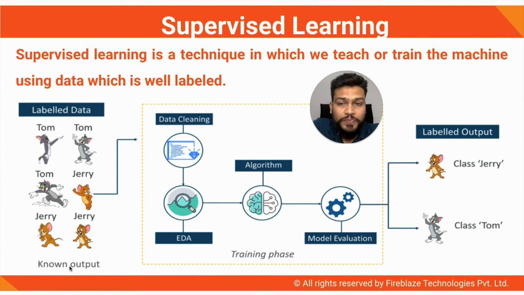You know the output. You give this data, you do the data cleaning, you do the EDA, you apply your machine learning model, your model is evaluated, and then at the end, if I give you an image and you were to tell me that this is Jerry, this is Tom, your output is pretty much known, classified. Whenever the output data is classified or labeled, you are working under supervised machine learning algorithms.